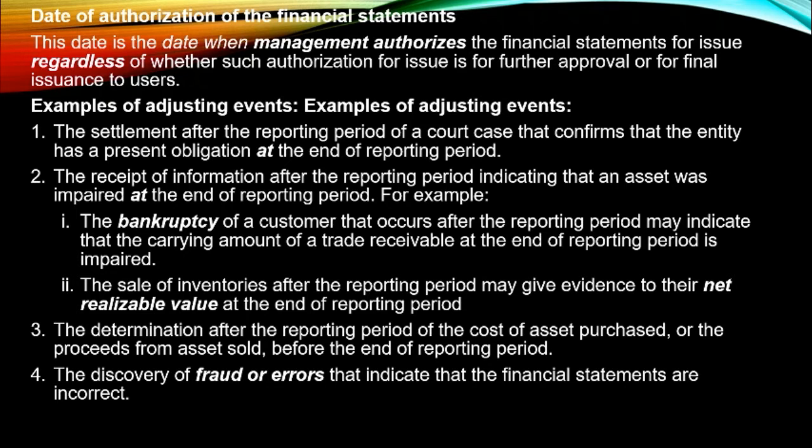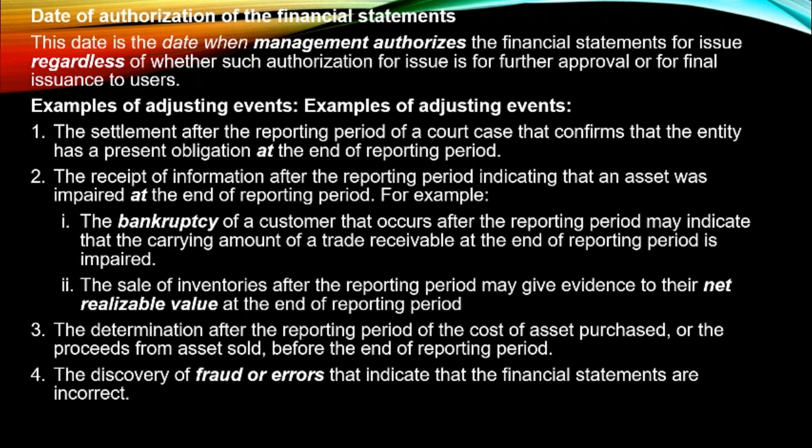Example, a bankruptcy of a customer that occurs after the reporting period may indicate that the carrying amount of the trade receivable at the end of the period is impaired. So you cannot collect. Therefore, the asset presented is impaired.